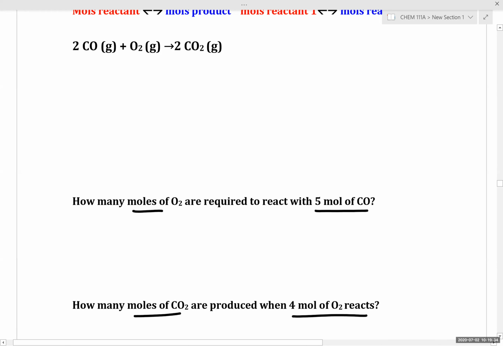So let's take a few minutes, about 5 to 6 minutes, to work through this example, and we'll come together as a group to discuss. And I'd like to see some responses via Canvas or in the chat, just so that way I can see everyone's comfortable with these mole to mole conversions.